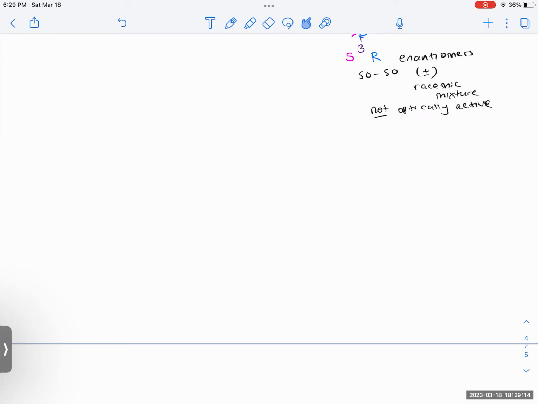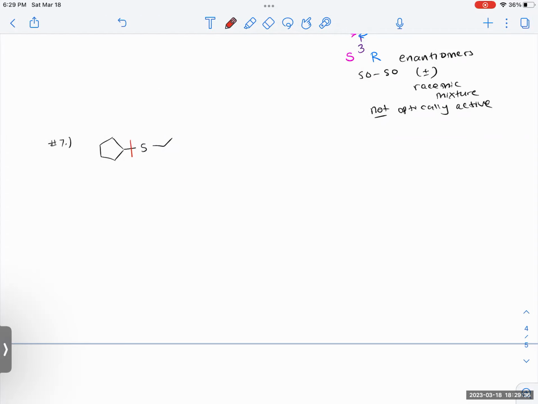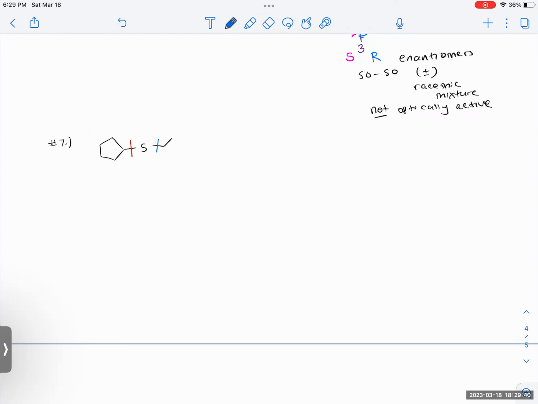All right, so number 7, another synthon problem. We are given this, and we need to figure out which direction we are going to break the bond. So let's make this one red and this one blue. Are we going to break it red or blue?